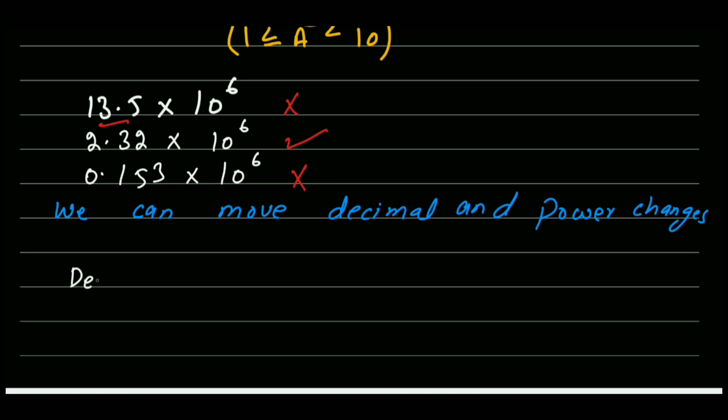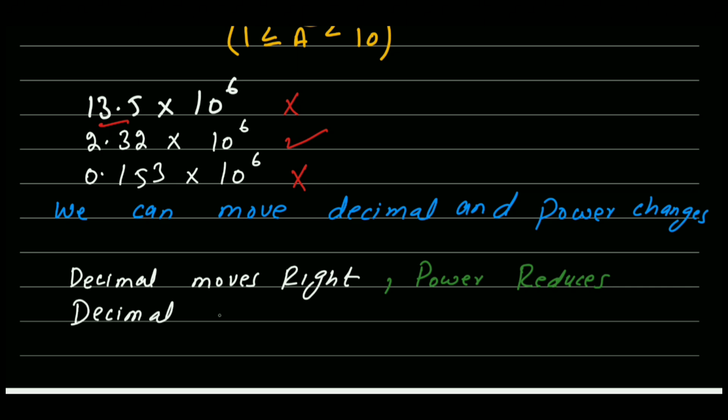If the decimal moves right, power reduces, and if the decimal moves left, power will increase.